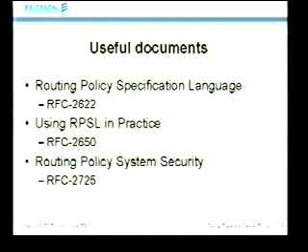Another document is Routing Policy System Security, RFC 2725. What that's really saying is, if you are going to publish policy anywhere, how do you know if you can trust the data? And this document addresses that issue, a way of authenticating information in the Internet Routing Registry.